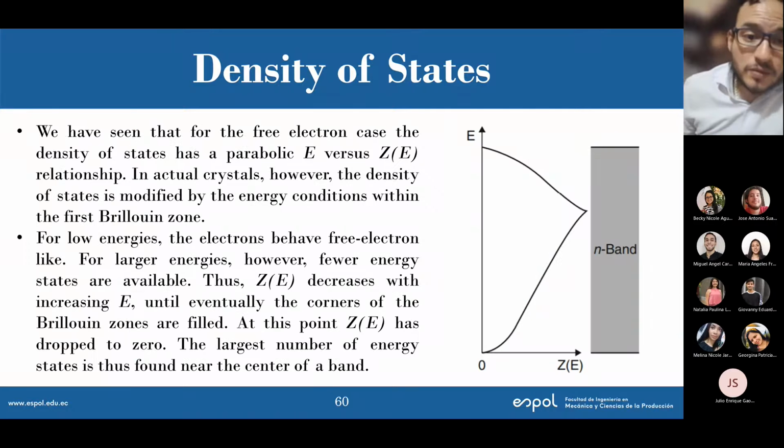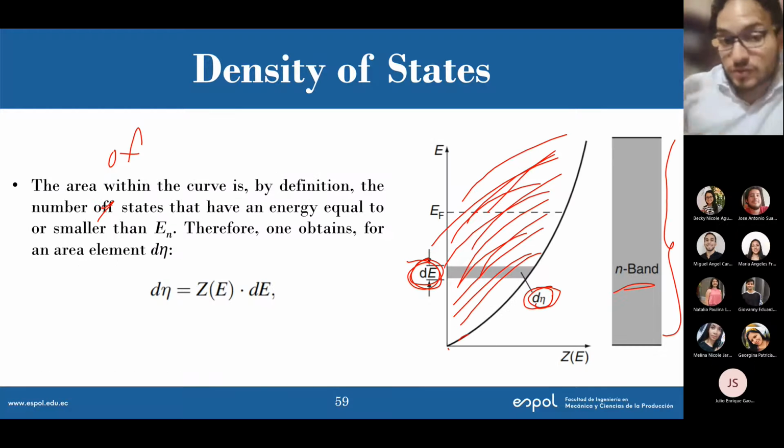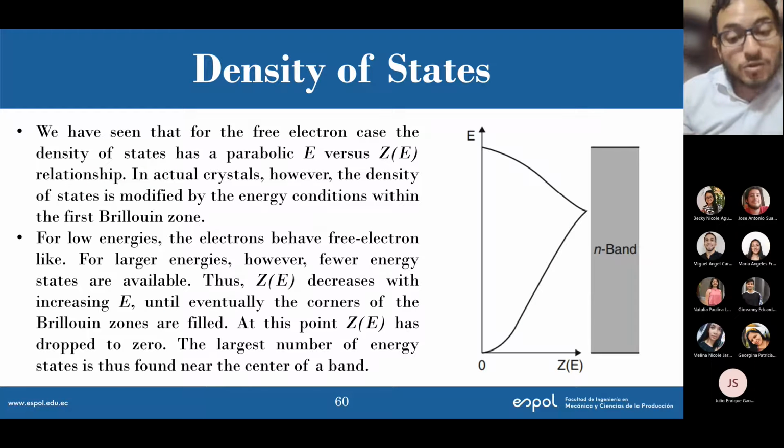What happens when we don't have the free electron case? So in actual crystals, in actual metals, for example, we don't have a continuous spectrum, because when we're talking about crystals we have this periodic arrangement, and we have the Brillouin zones and all that.